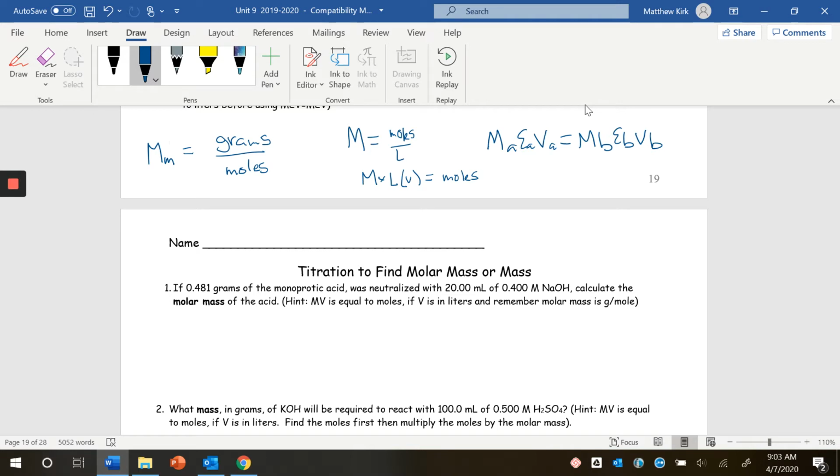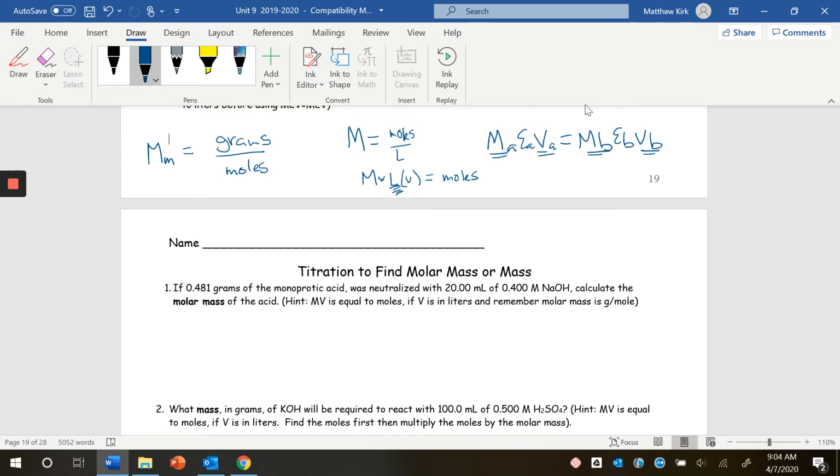Well, we know M times V is going to be moles. So we can substitute in moles on either side of our titration formula. Whether we're trying to get the molar mass of an acid or molar mass of our base, we can substitute moles in for molarity times our volume, but remember the volume must be in liters.